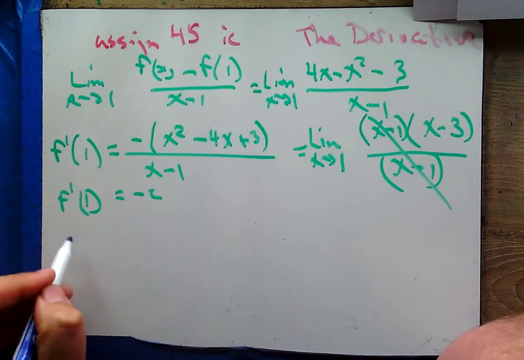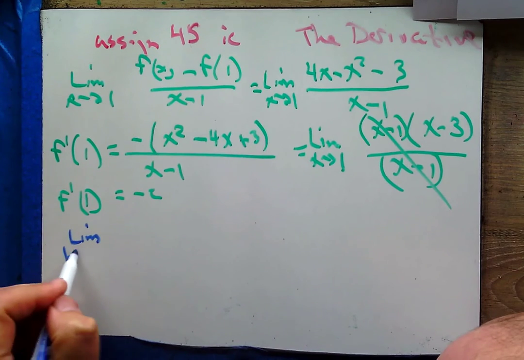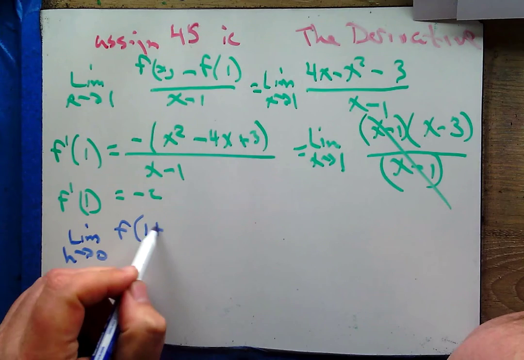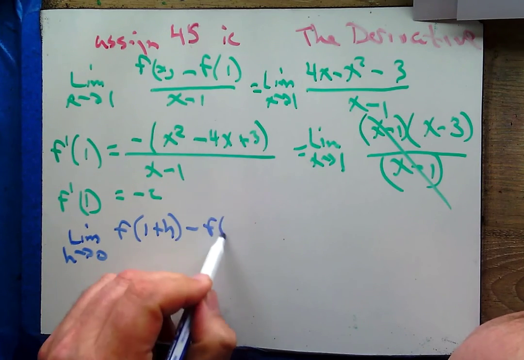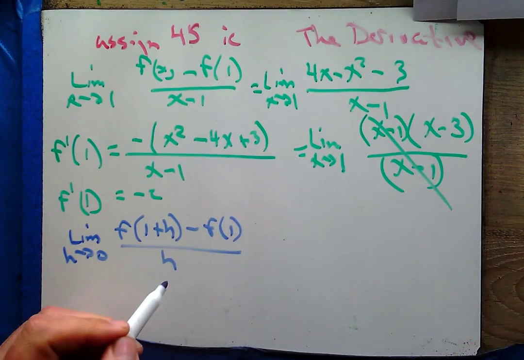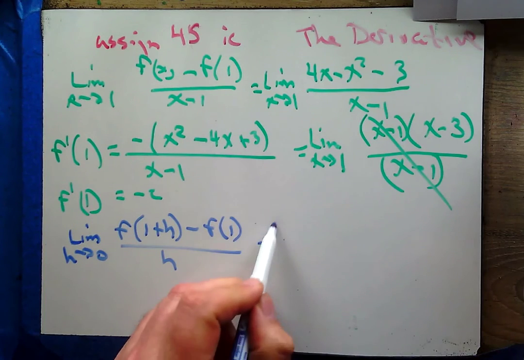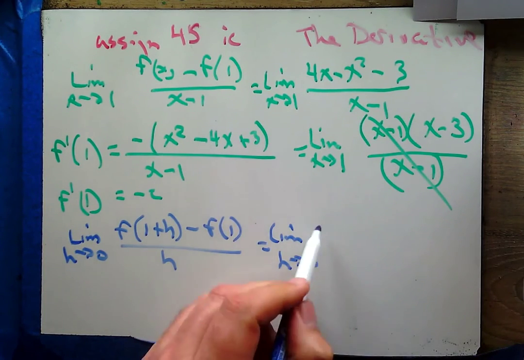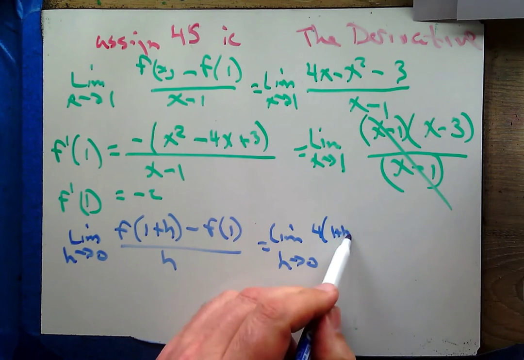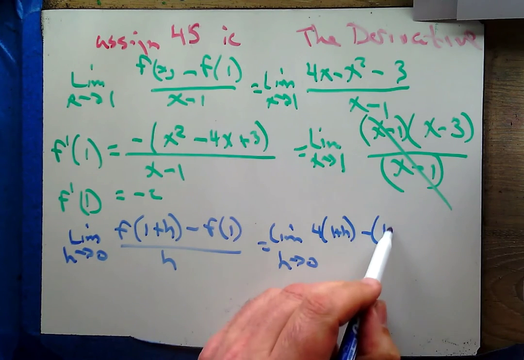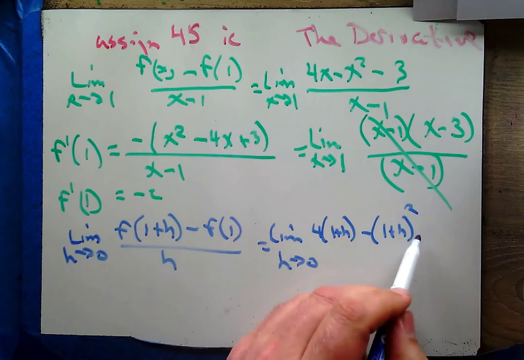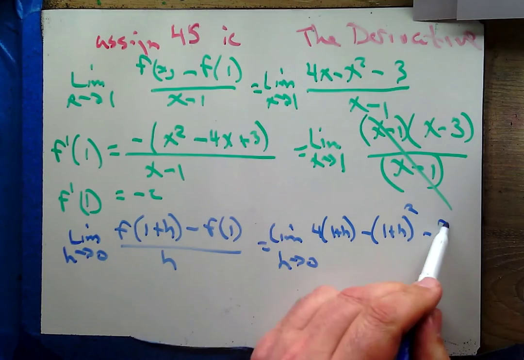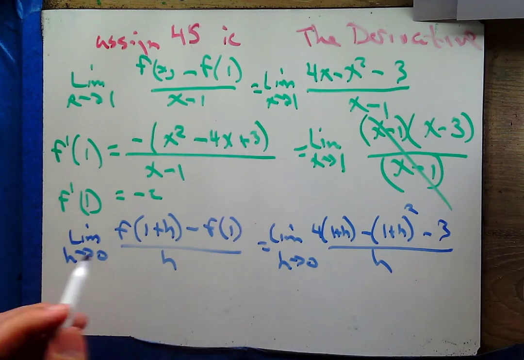Now what about this one? The limit as h heads to 0 of f(1 plus h) minus f(1) over h. And so that's going to be the limit as h heads to 0 of 4(1 plus h) minus (1 plus h) squared minus, what's f(1)? I believe f(1) is still 3, over h.